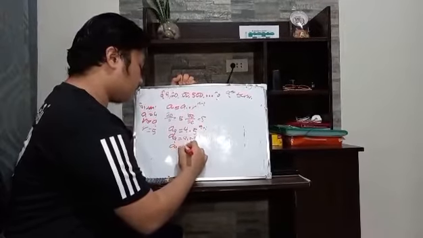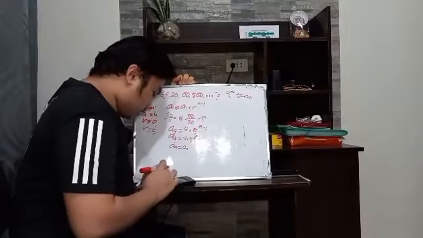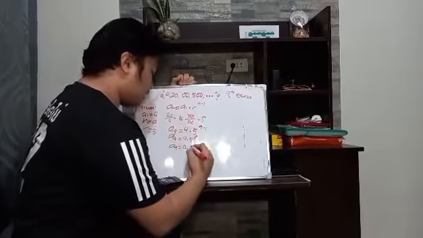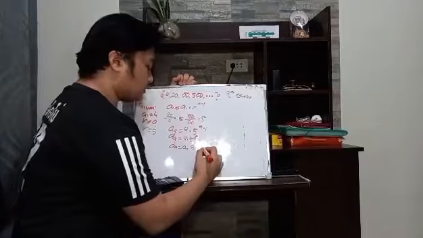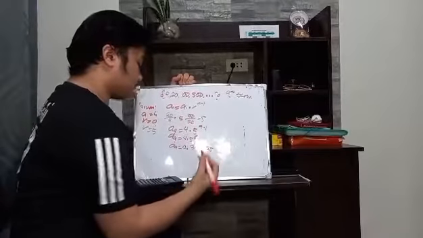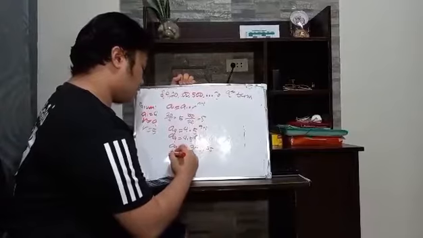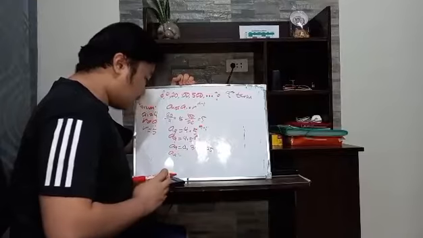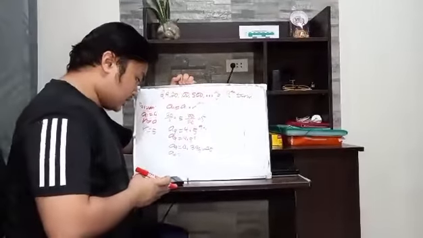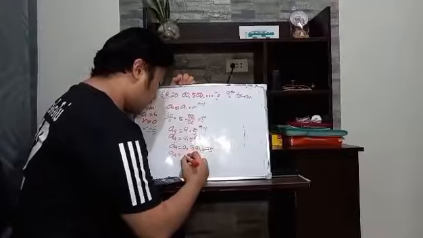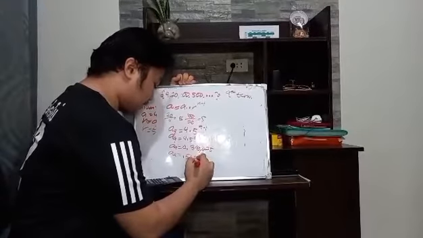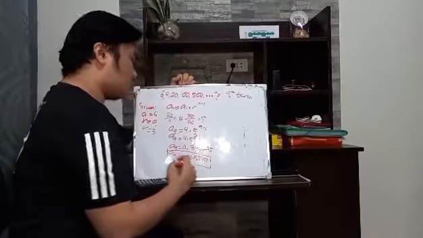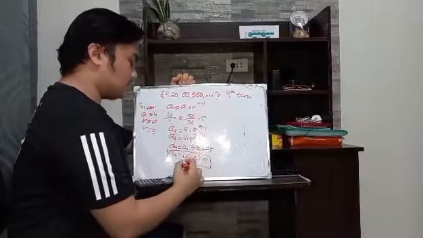Simplify again. 5 raised to the power of 8 is 390,625. So our a sub 9 is 4 times 390,625, which is 1,562,500. Therefore, the ninth term of this sequence is 1,562,500.